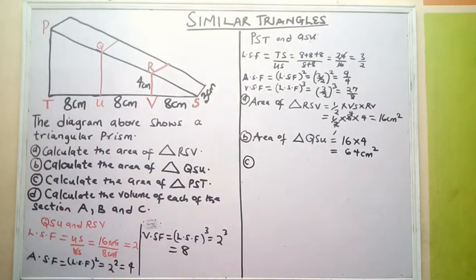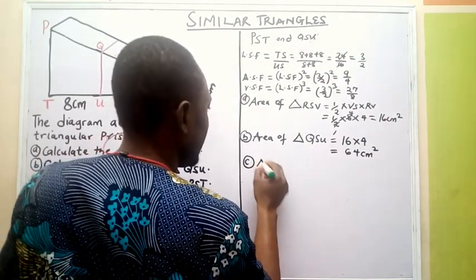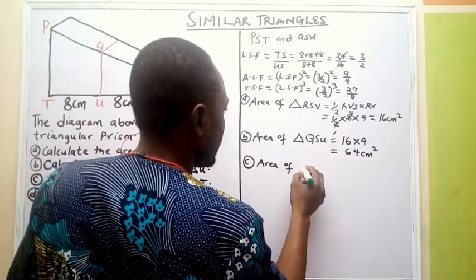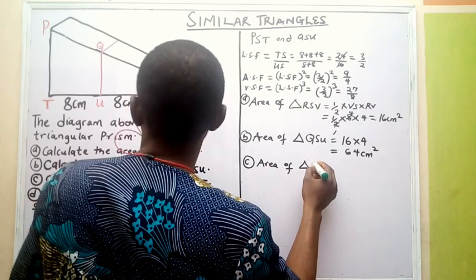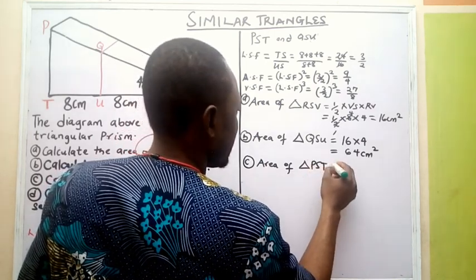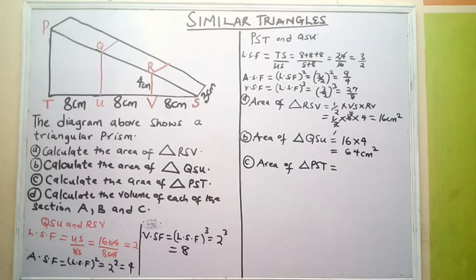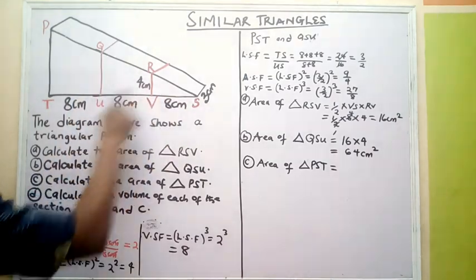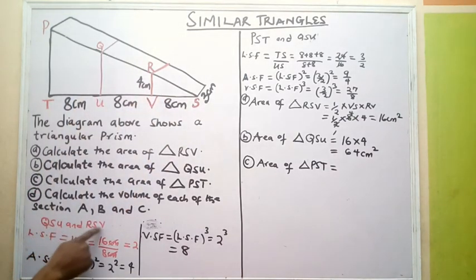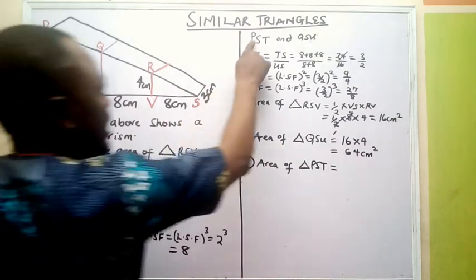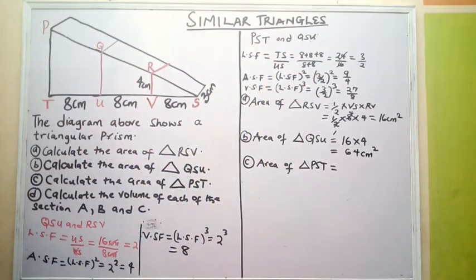Now to get the area of the other shape, the area of triangle PST. If I want to find the area of triangle PST, I'm not going to use this length scale factor. Do you know why? The reason is because QSU and RSV are mathematically similar, and PST and QST are mathematically similar.